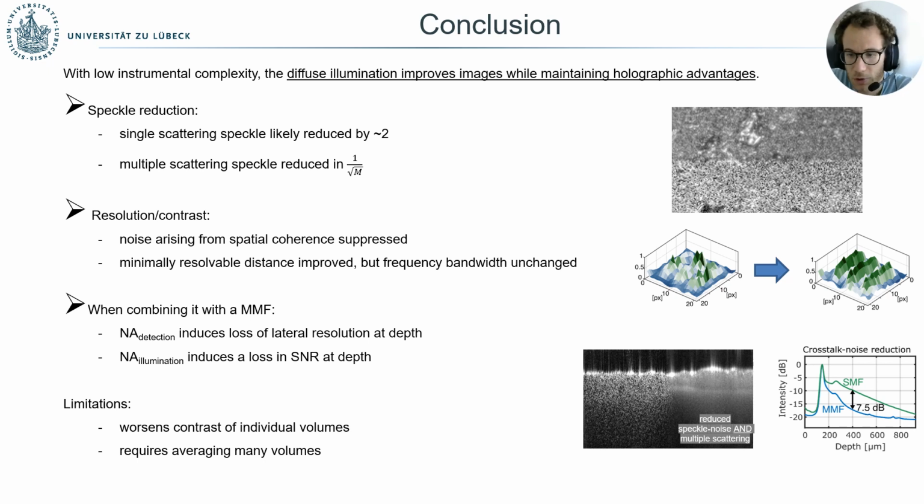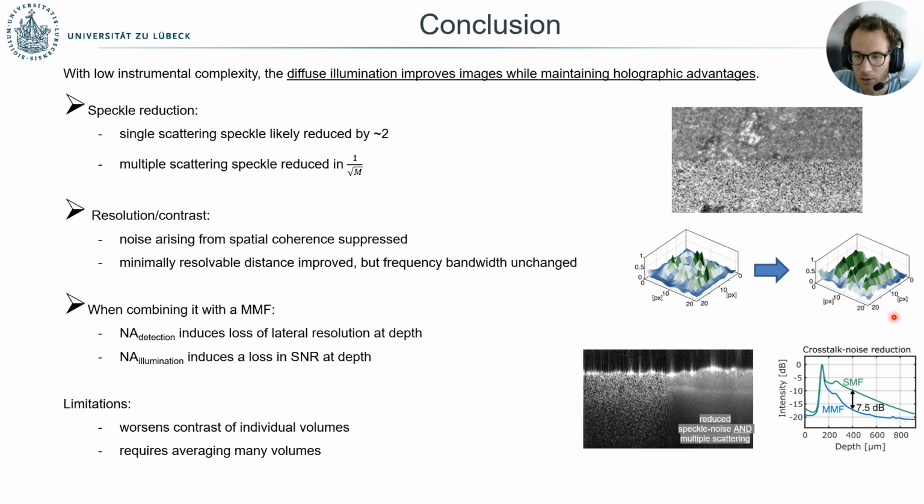So in conclusion, we saw that with this diffuse illumination scheme, we could overall increase the image quality and make the contrast of the image kind of incoherent, so have images as if they were obtained with an incoherent light source, while still maintaining the advantages of a coherent detection.